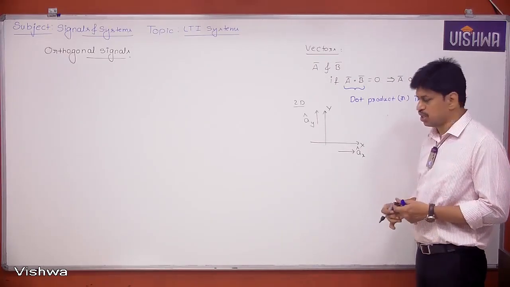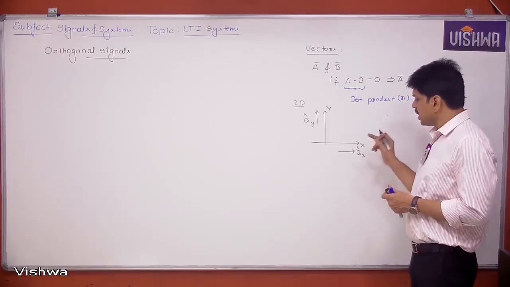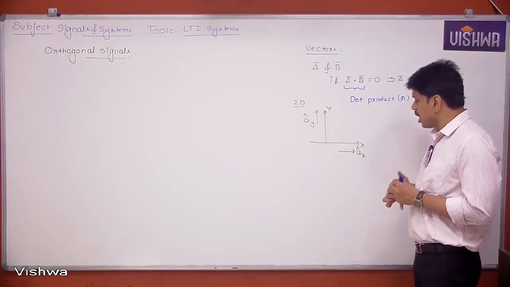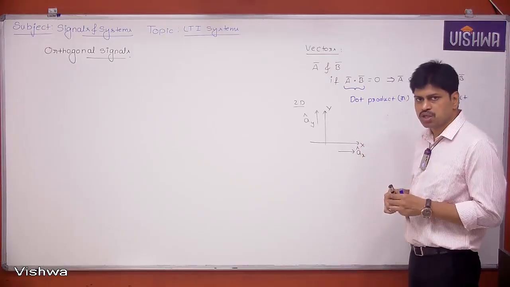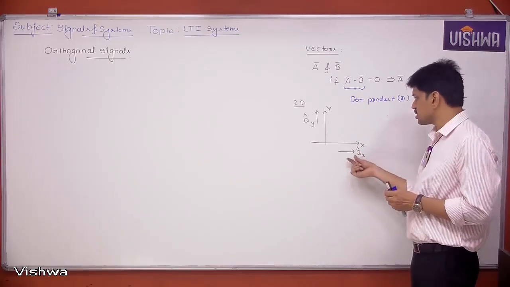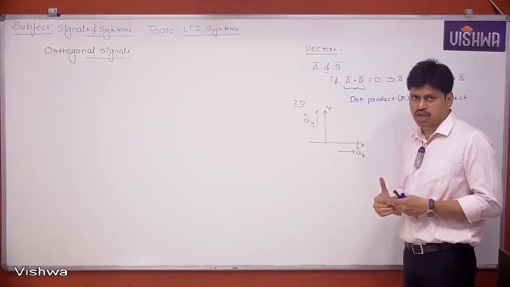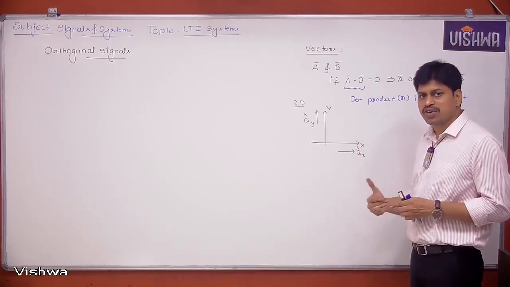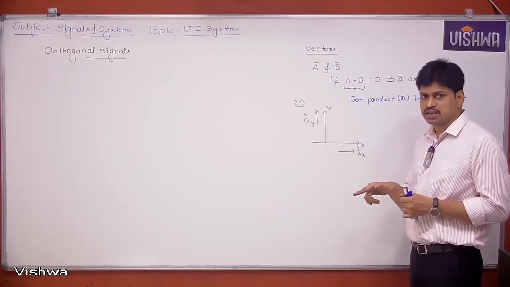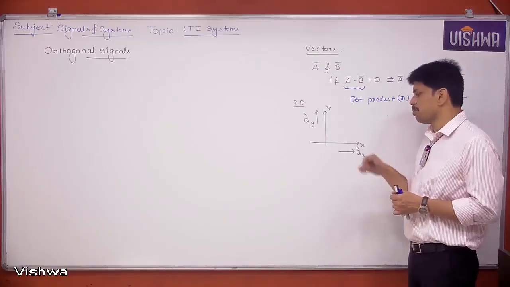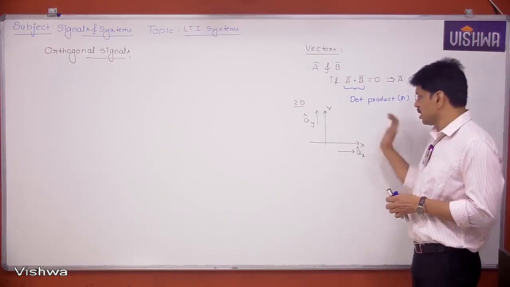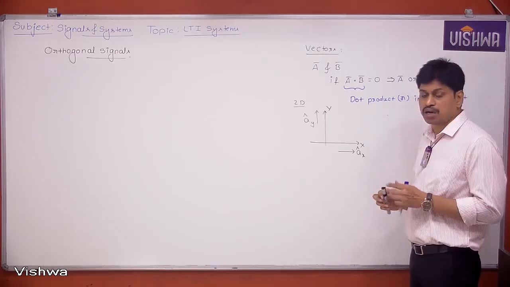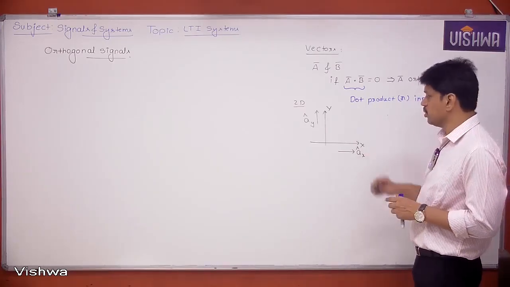Now, is there any other vector which is orthogonal to both ax cap and ay cap? No. Only these two vectors are always orthogonal to each other, but there is no other vector which is simultaneously perpendicular to ax cap and ay cap. I hope you understood. So ax cap and ay cap are always orthogonal to each other in two dimensions.